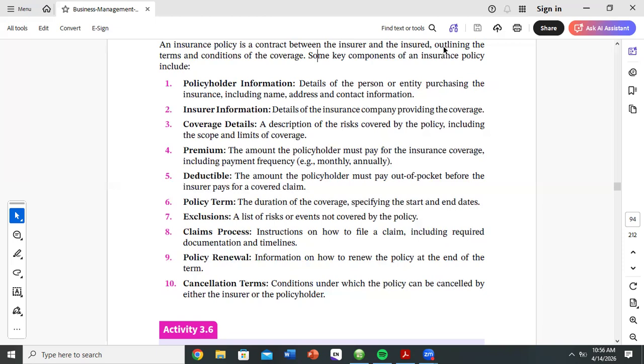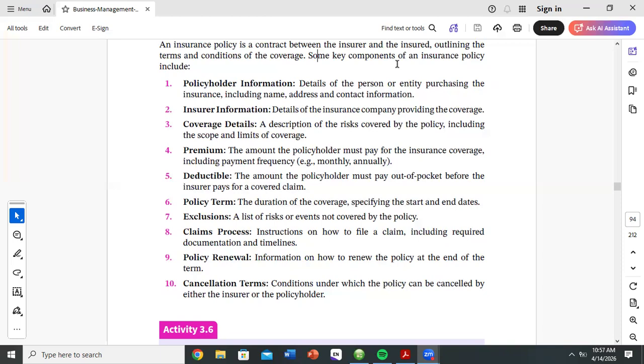Policy renewal. Information on how to renew the policy at the end of the term. So yes, the policy will give you details about how to renew the policy at the end of the term. If the policy is for 5 years and you are done, the policy can tell you when or how you can renew to continue or otherwise.